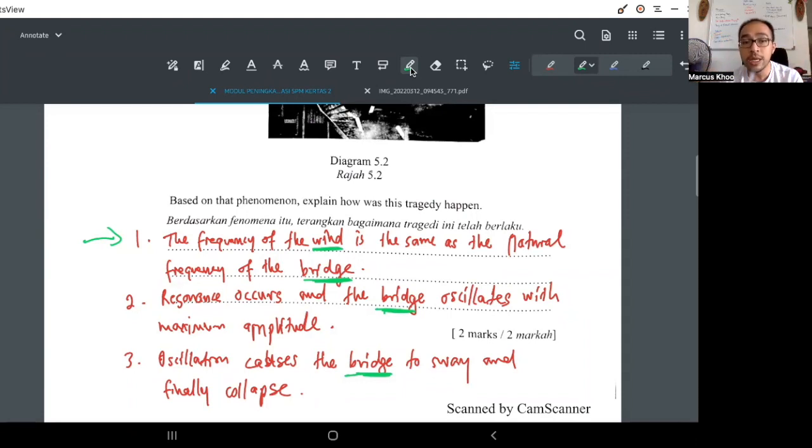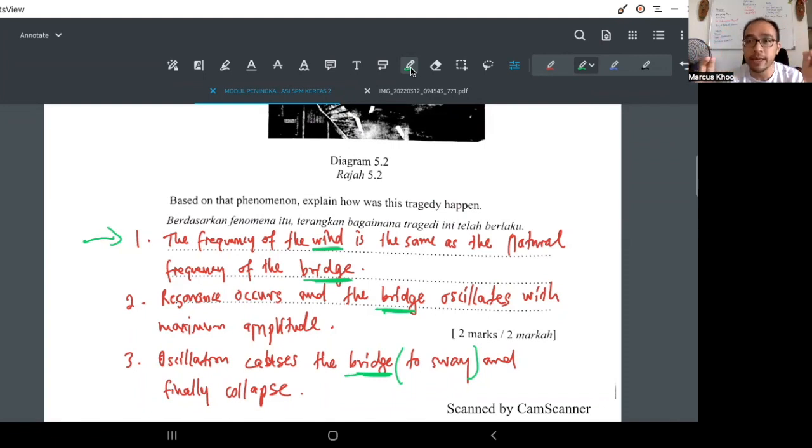And then number three, the oscillation causes the glass to finally break, because it oscillates. So the oscillation causes the glass to break. That's it.